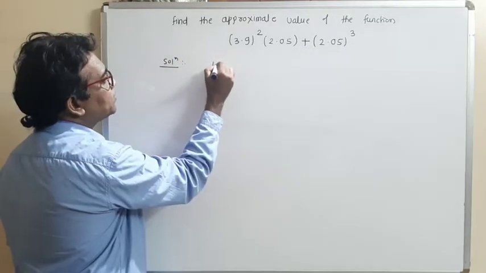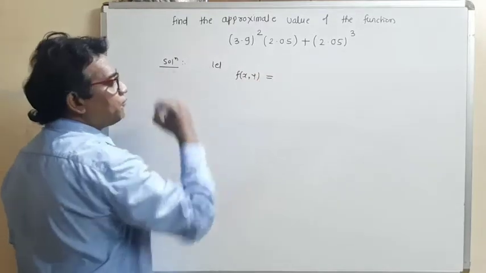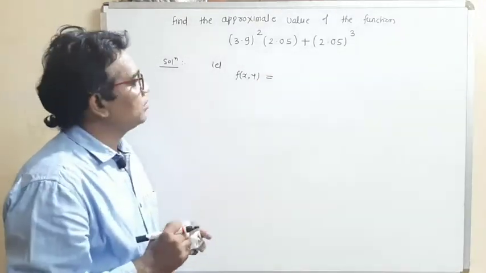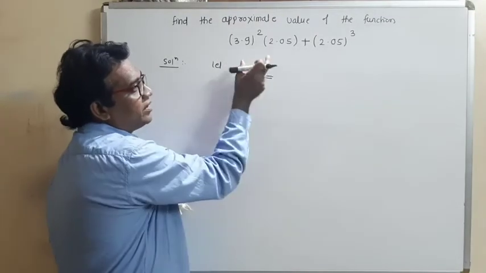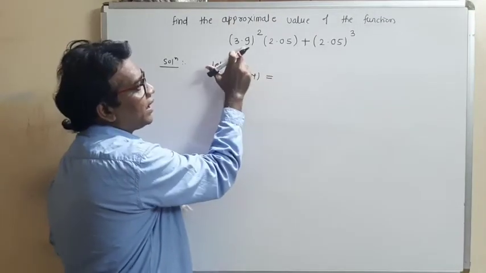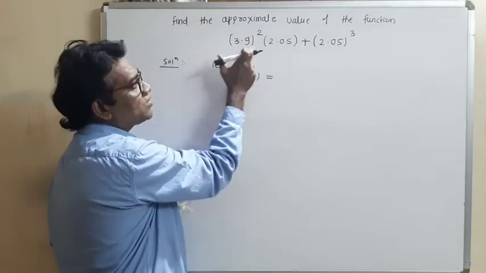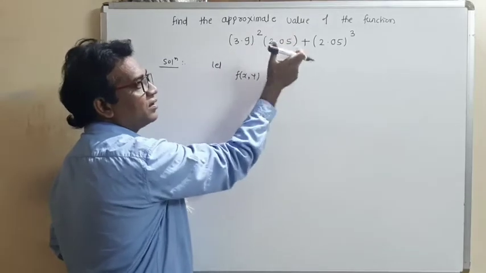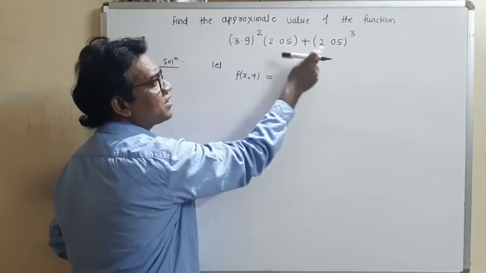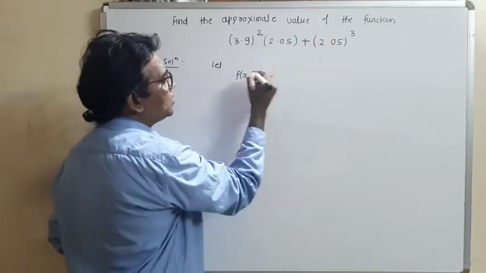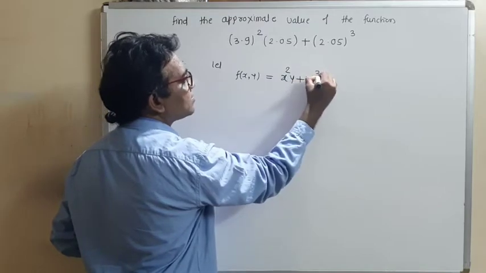So write down the given function. Let f of xy be equal to, now say what is this given function? This function looks like x square y plus y cube. If this is x and this is y, then this function is x square y plus y cube.